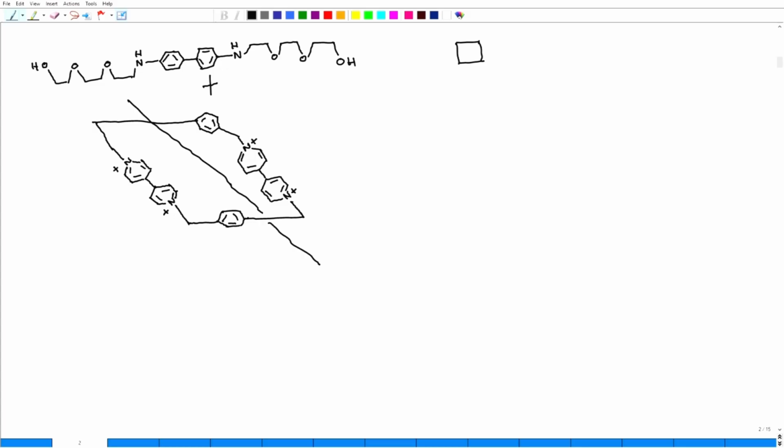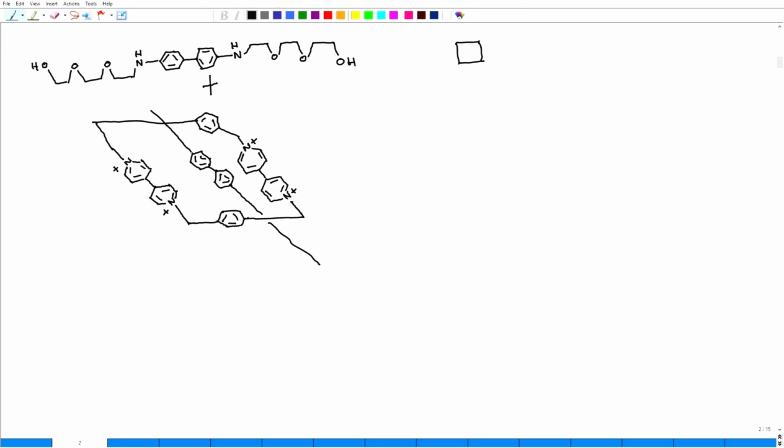I told you that pi stacking is another interaction. Let us have a pi stacking here and here. So, it is now in.